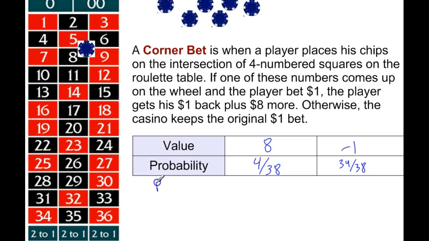To get the expected value, this is your X, and this is the probability of X. So it'd be 8 times 4/38, minus, because of the 1, minus 1 times 34/38. Get your calculator out.